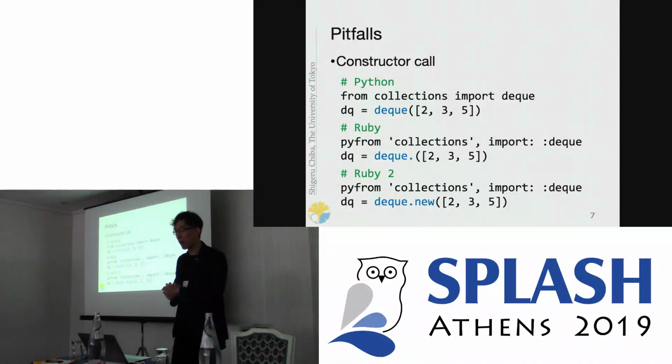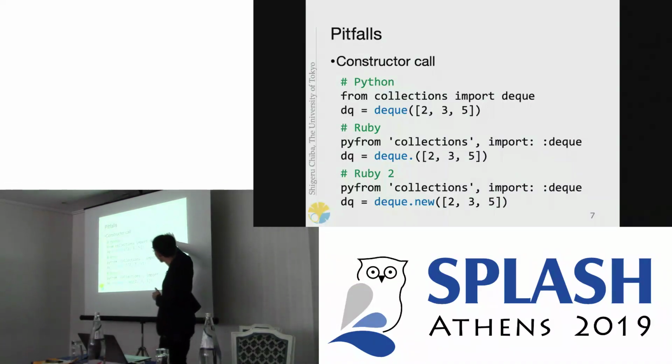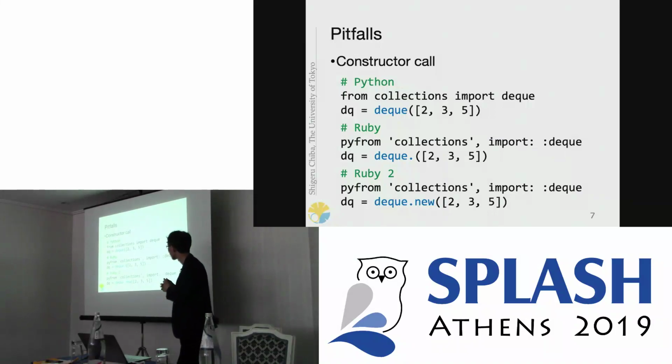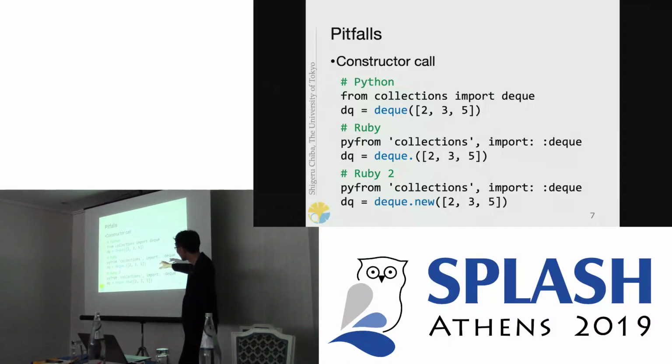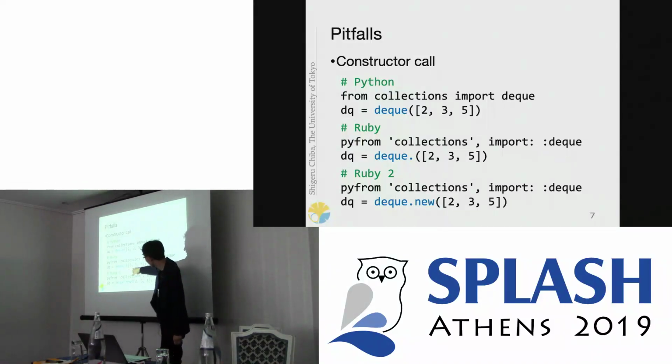There are pitfalls. First of all, the syntax of constructor calls is different between Ruby and Python. This is Python code. Suppose we wanted to use deque in the collections module. You write this. But in Ruby, look at it. Can you see this? There's a small dot here.